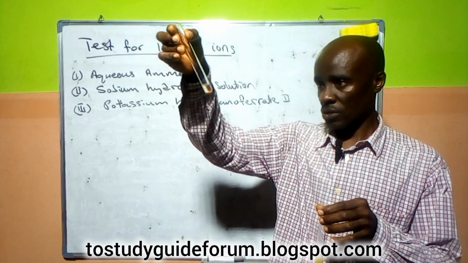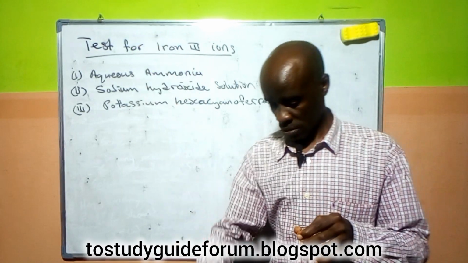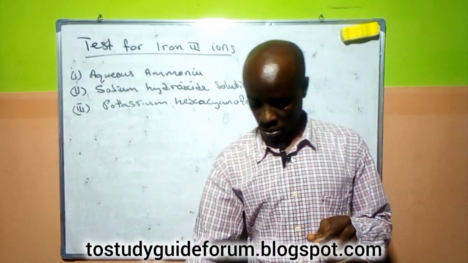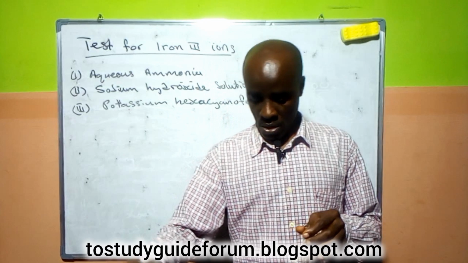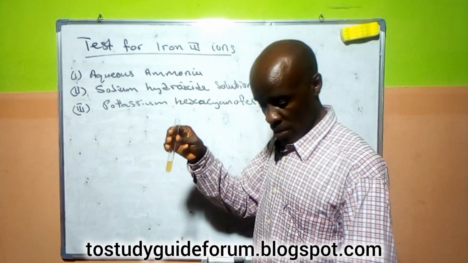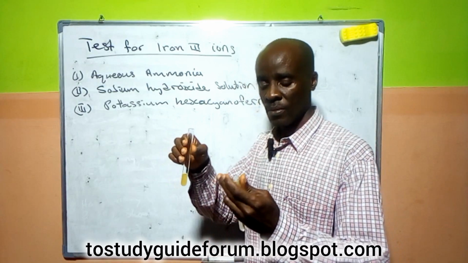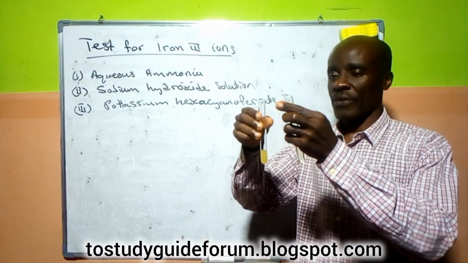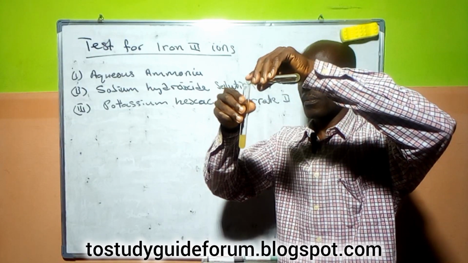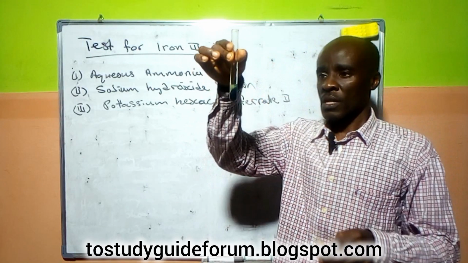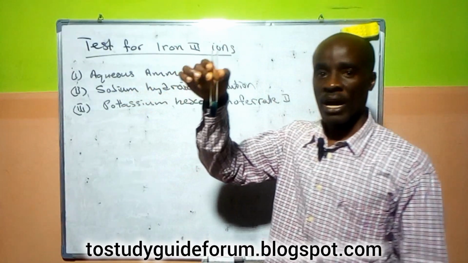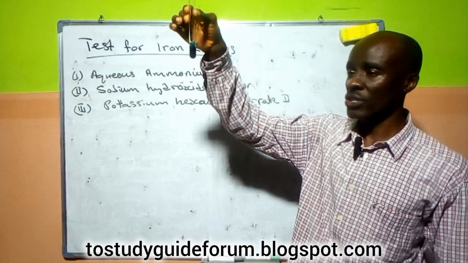Let's continue. We add potassium hexacyanoferrate 2 into it. You can see deep blue coloration. This confirms the presence of iron 3 ion.